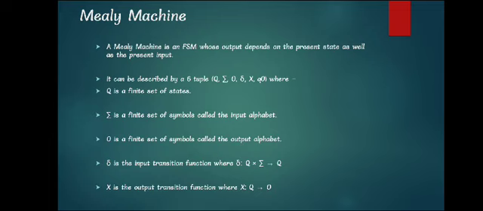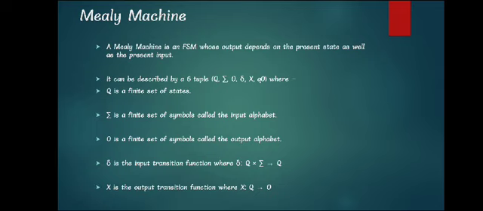It can be described as 6 tuples: Q, sigma, O, delta, psi, Q0, where Q is the finite set of states, sigma is the finite set of symbols called the input alphabets, and O is the finite set of symbols called the output alphabets.